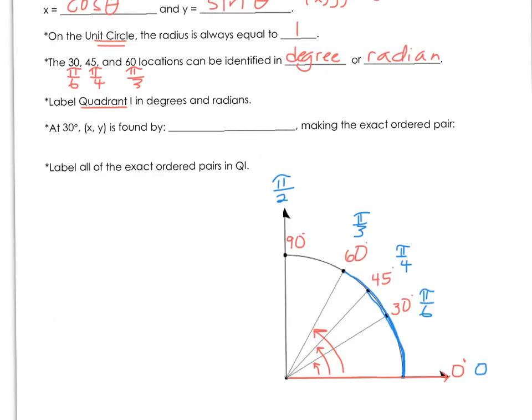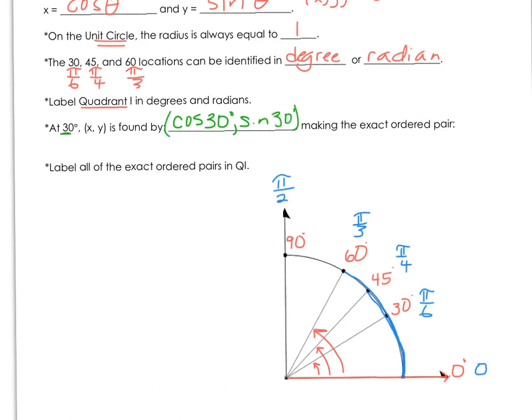The final part that we're going to display on these unit circle values are the ordered pairs that would actually calculate on the coordinate system those locations. For example, at 30 degrees, x and y would be found by taking cosine at 30 for the x-coordinate, and then sine at 30 for the y-coordinate.